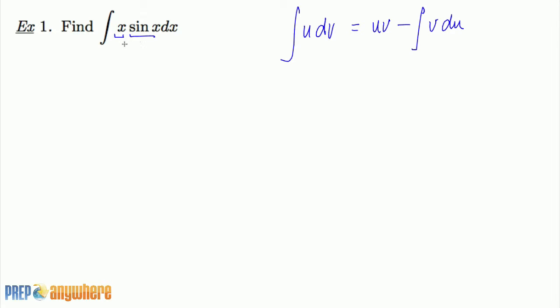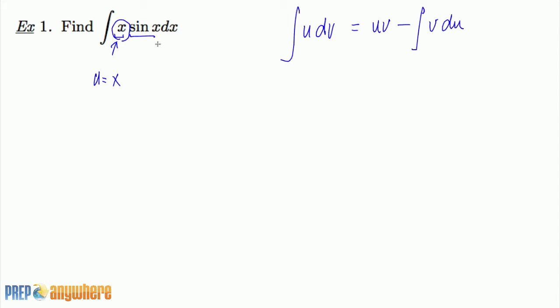Now, we have to make one of them u and one of them dv. Usually, not always, but most of the time, in a straightforward question we pick u to be the function that becomes something simpler when you differentiate it. So if you differentiate x, you get 1. It's simpler.